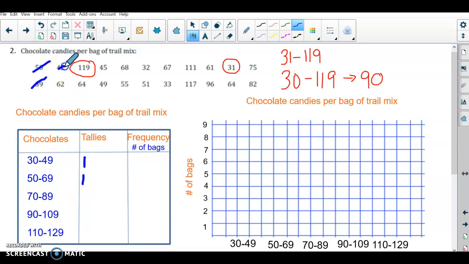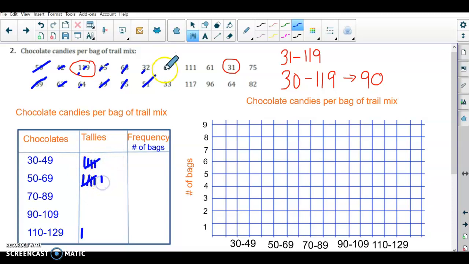A 42 and a 62. Right there. 119, 64. 45 and 49. Both of those will go in here. 68 and 55. Both of those go right there. 32, 51.